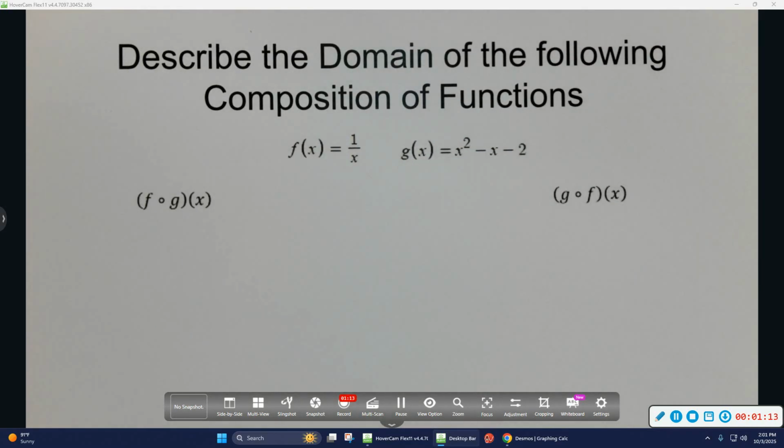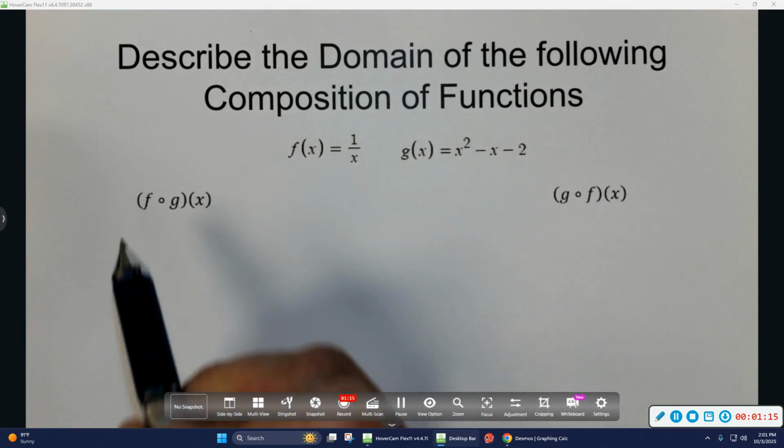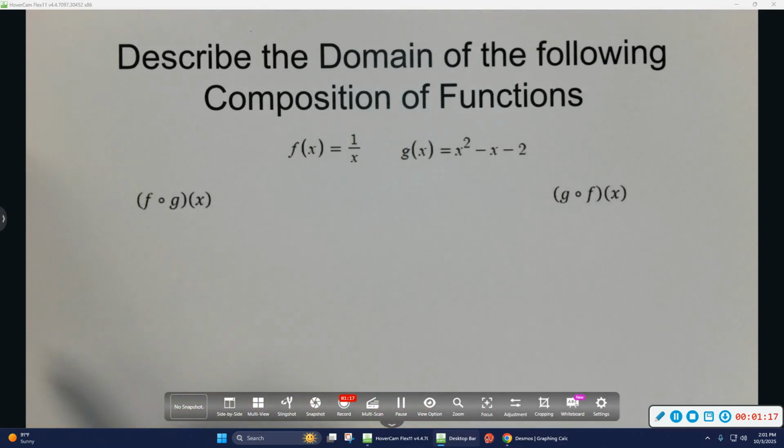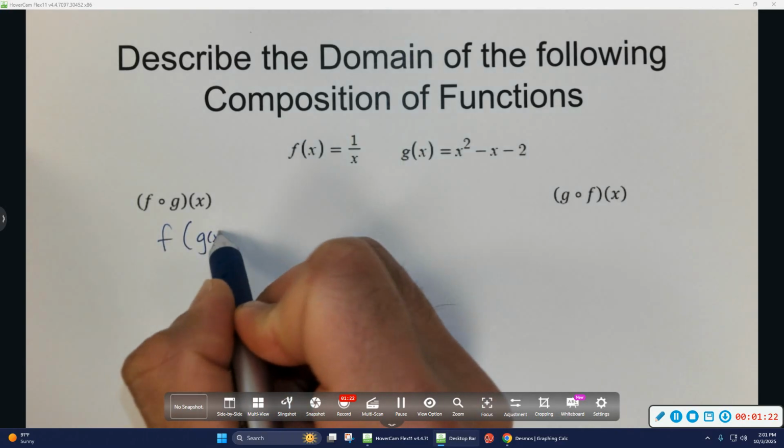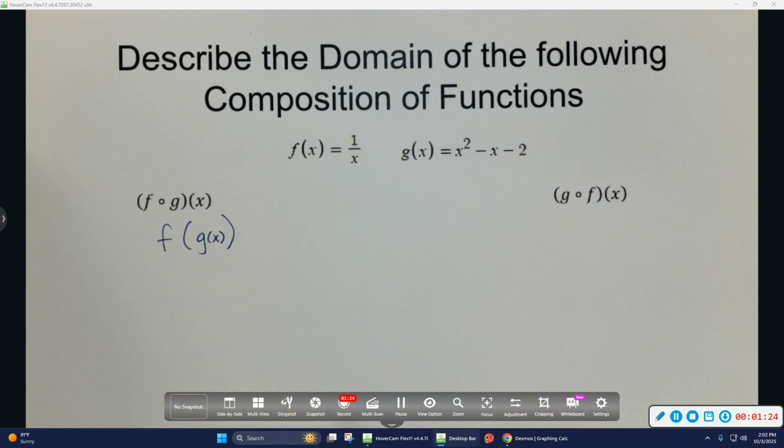Here I have two scenarios. First of all, I have the function f of g of x, which says f is composed of g of x. I have a function inside of f, right? So the first thing I'm going to do is write out what the equation looks like if f is composed of g.